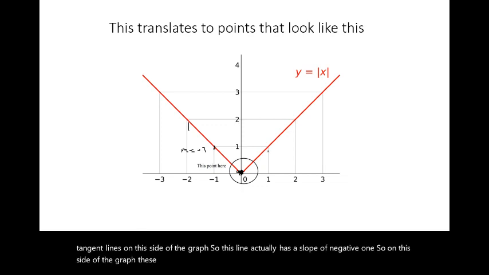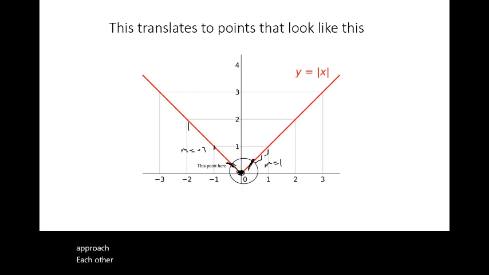However, on this side of x equals 0, the slope is 1. So the slopes of the tangent lines on either side of this point are not equal, and they're not doing the same thing, so the derivative does not exist at this point. No matter how close you get to this point, the two tangent lines are not going to start doing the same thing. They are not going to be approaching each other, so the derivative does not exist at this point.